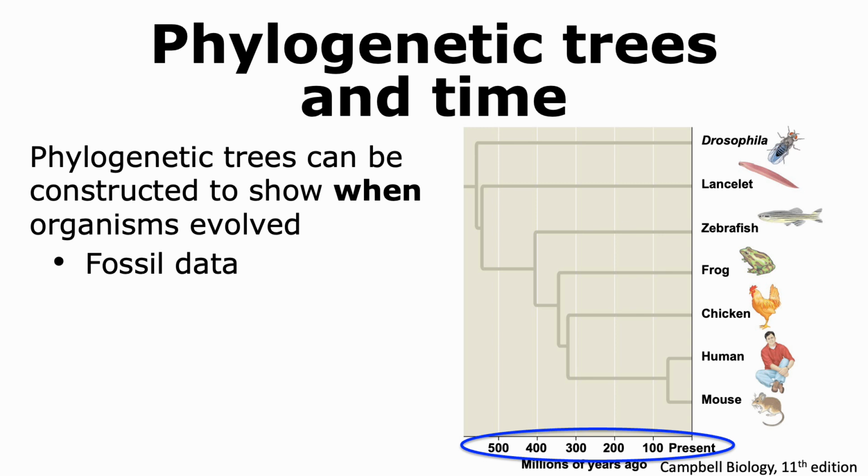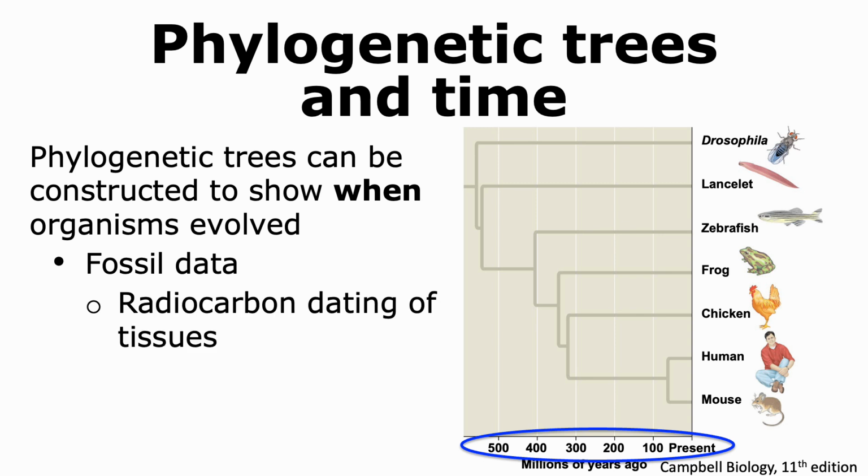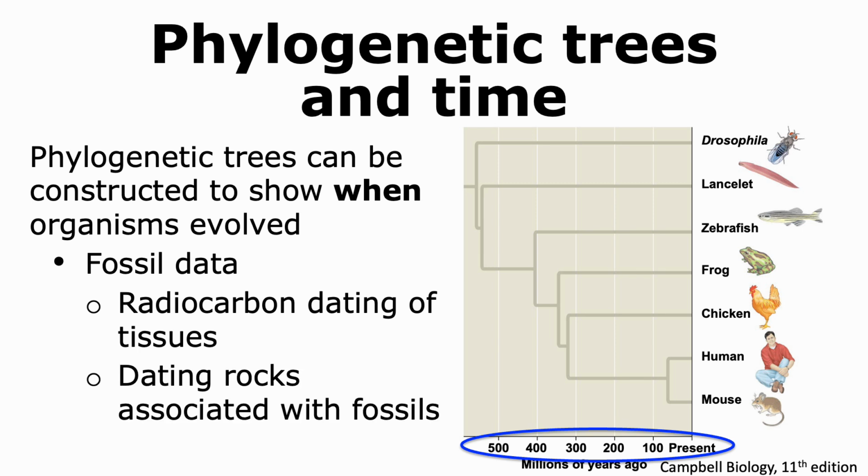For example, fossils can be analyzed. Based on the availability of tissues in the fossils, radiocarbon dating can be performed to know the age of the fossil. If the fossil is too old and thus out of the range of radiocarbon dating, then the rocks that were associated with the fossils can be analyzed and thereby we can estimate the age of the organism.